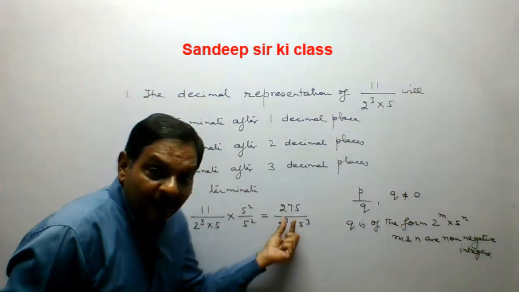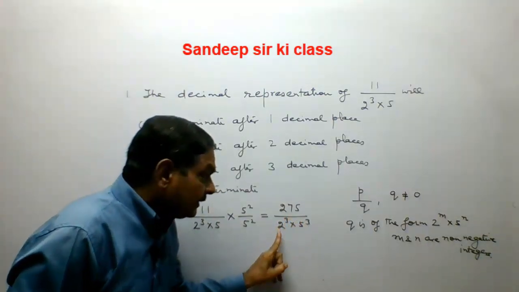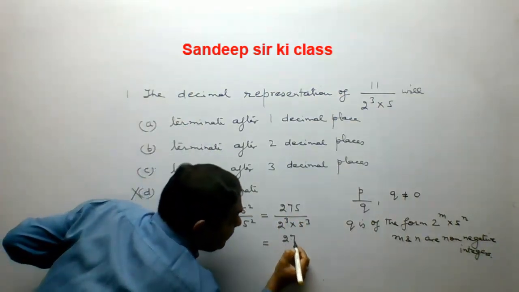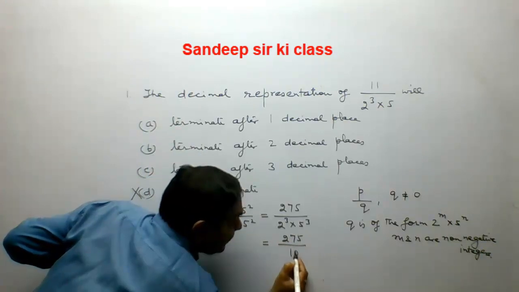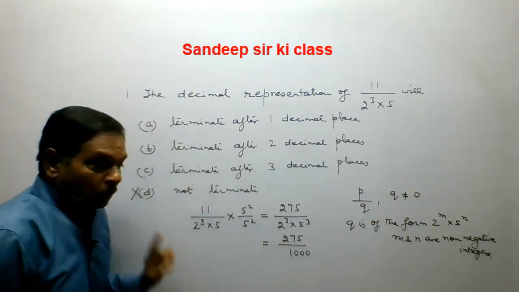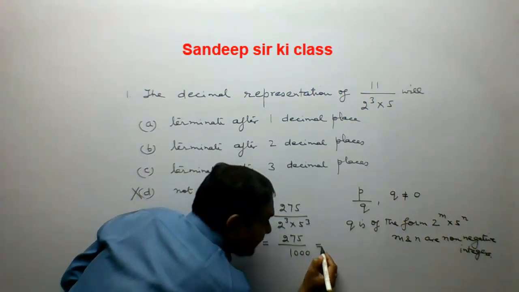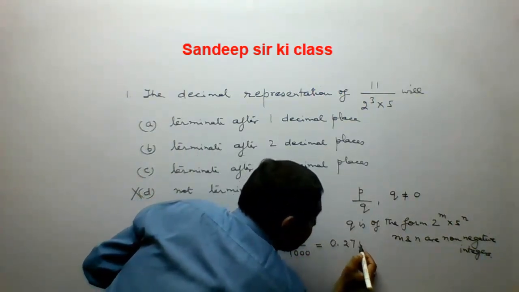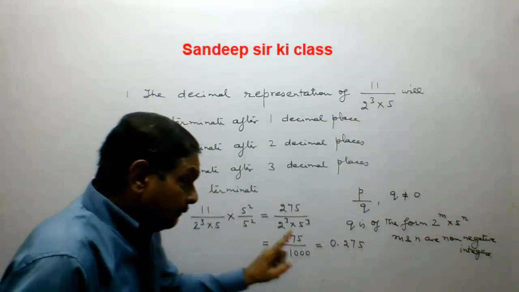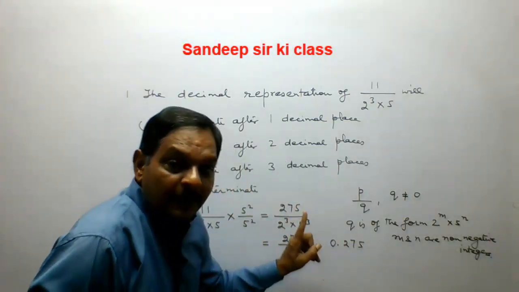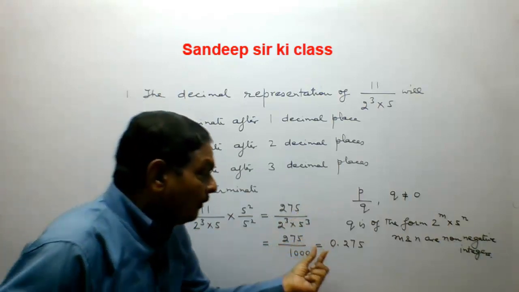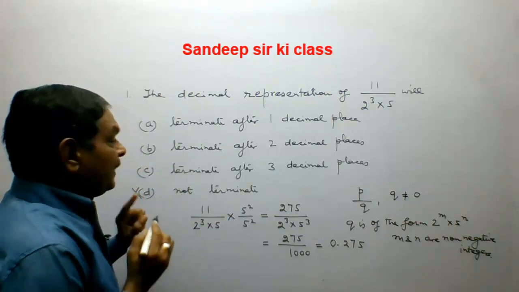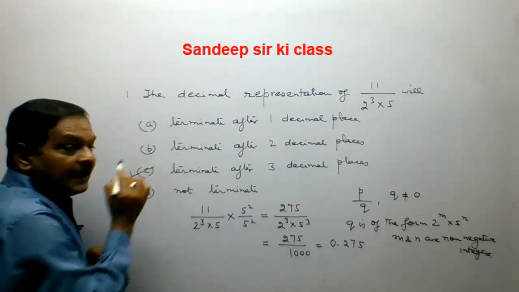Means I have 10 raised to the power 3 in the denominator. So this becomes 275 upon 10 raised to the power 3, which is 1000. Means this rational number can be written as 0.275. The rational number in its decimal form will terminate after 3 decimal places. So here option C is the correct answer.